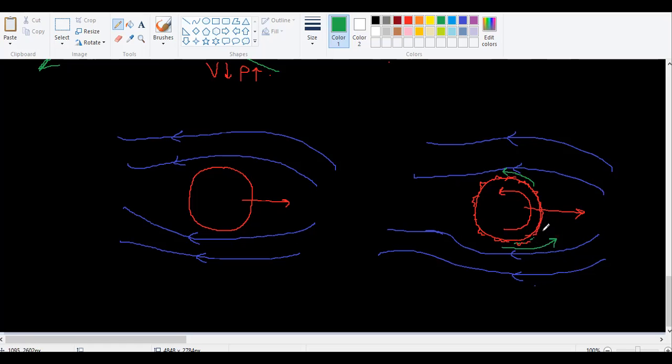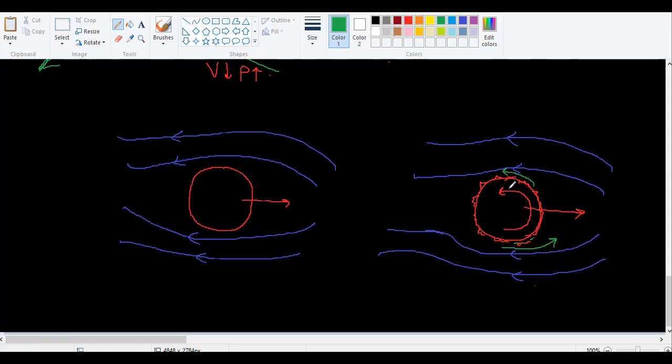Are you unable to follow what I'm saying? Carefully look at the green arrows. There has been some textbook error in the NCERT textbook, so take these arrows correctly. Here the blue and green are in the same direction, but here the blue and green are in opposite directions.